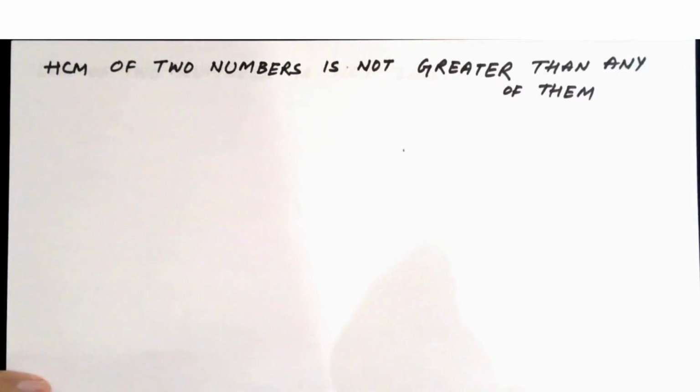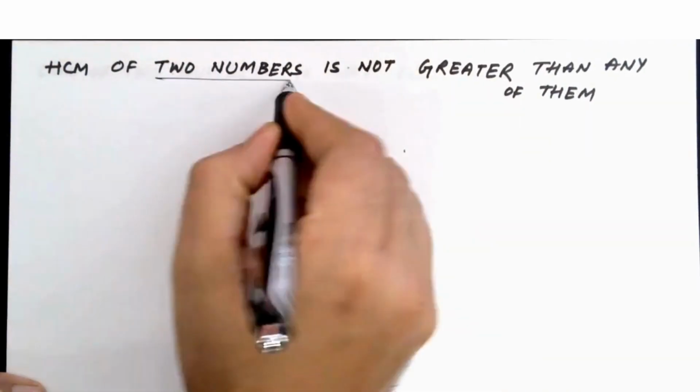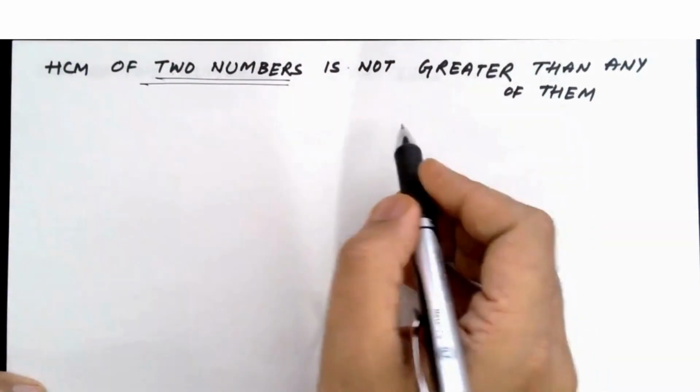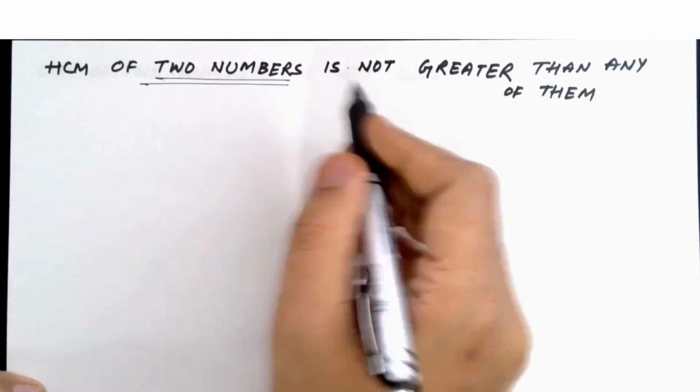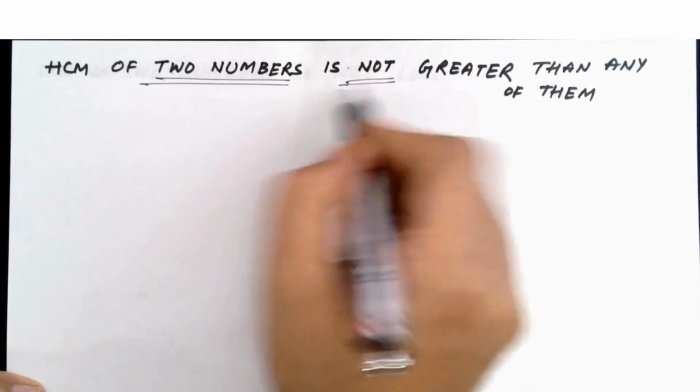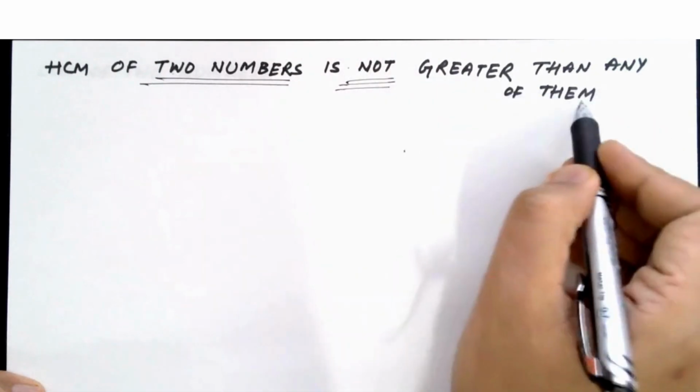Now we will discuss some properties of HCF and LCM when we take two numbers. One of the properties is that the HCF of two numbers is not greater than any of them.